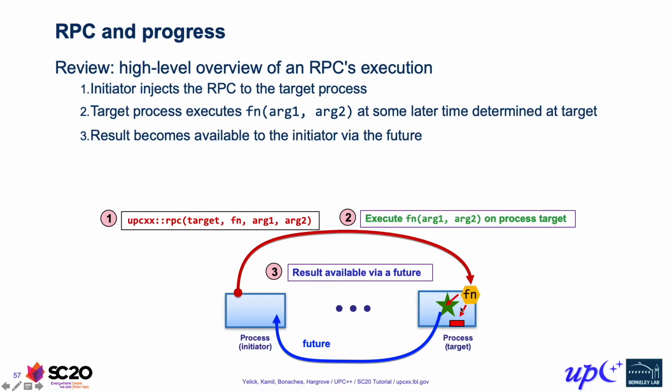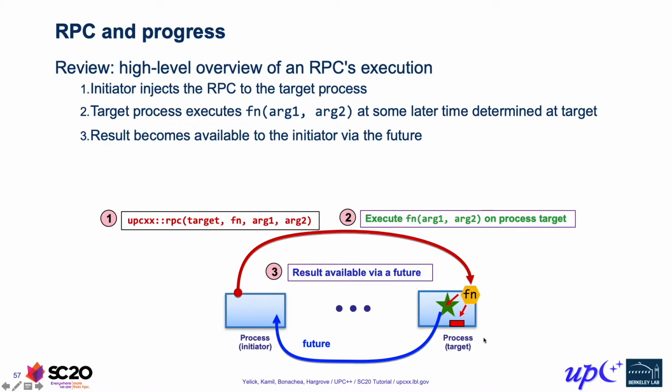Then that gets enqueued on the target process, and at some later point the target process executes the function and notifies the initiator that the function has been executed. Any return values from that function are packaged up as part of that notification.